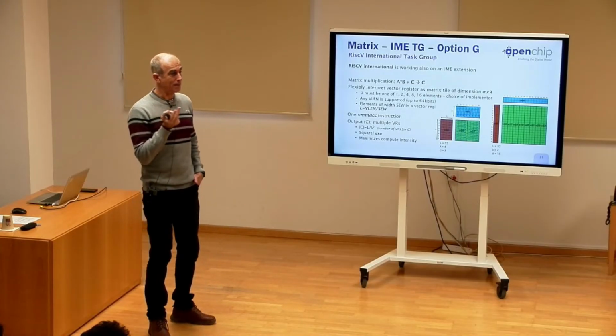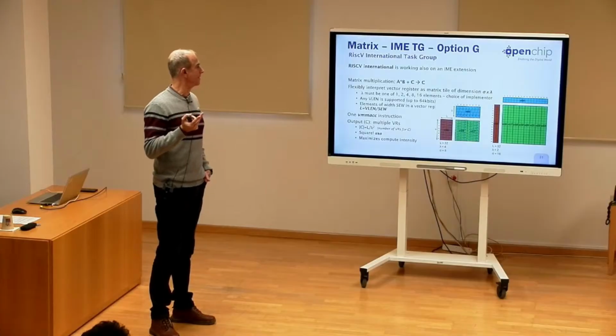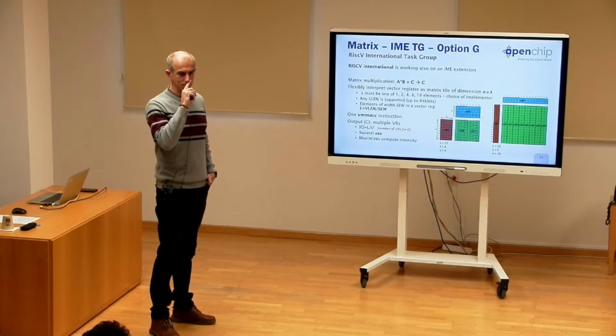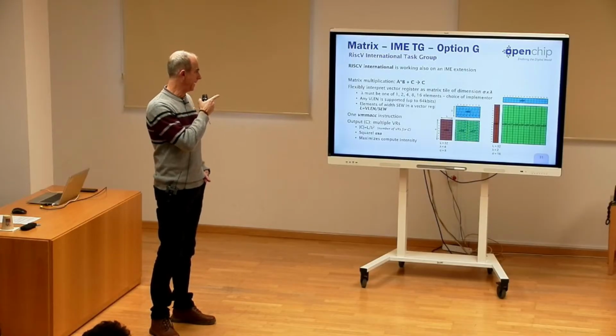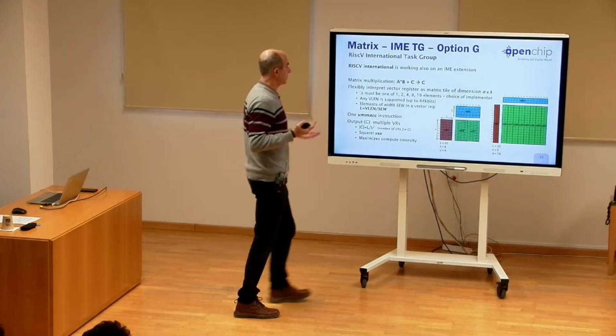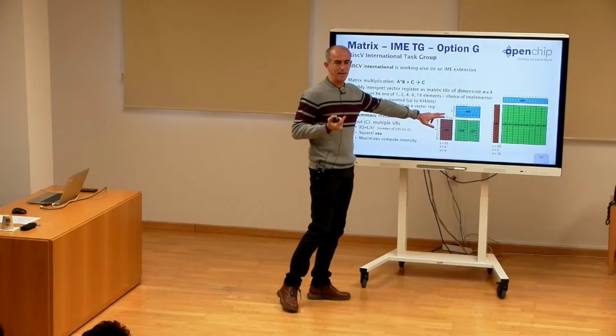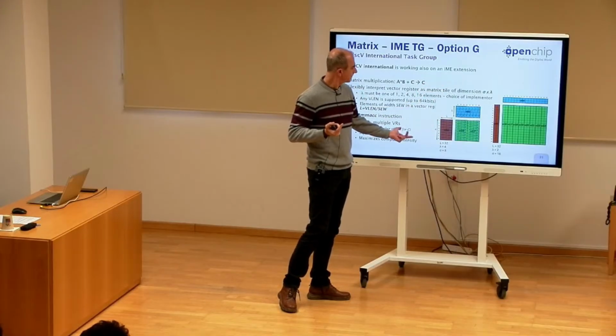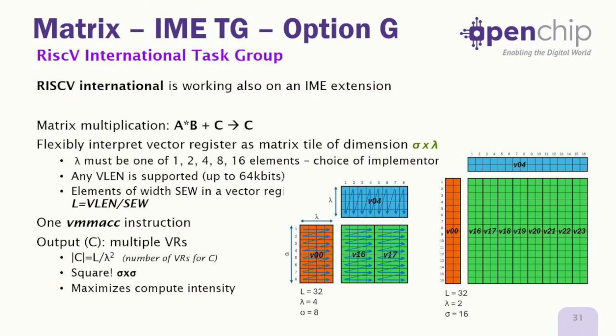Yeah, one idea is to have a specific instruction to load the matrix in that way. In any case, you have this lambda which defines the way you load, so you have a different instruction. You have an instruction called tile load. It's not a vector load, it is a tile load.